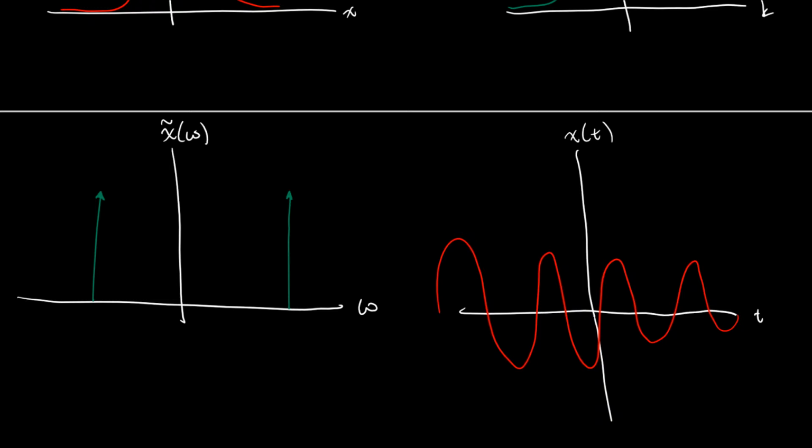It's the same idea, right? I know that everything is very, very localized in omega over here, but things are very spread out and unlocalized in t here. And this is the general idea behind an uncertainty principle. And once we get into quantum mechanics, this shows up again, right?